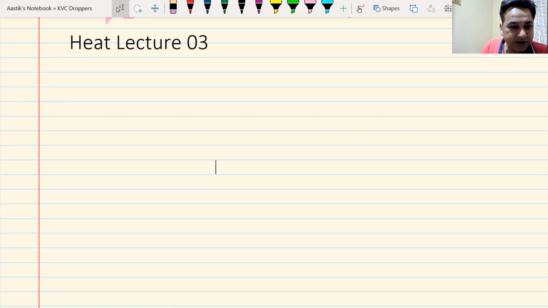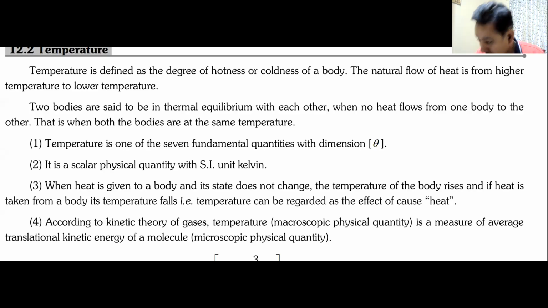Now let us start with this measurement of temperature. Let us start first with the definition of temperature. I think we have already defined temperature. What is temperature? Let me remind you. Temperature is the degree of hotness and coldness of a body.